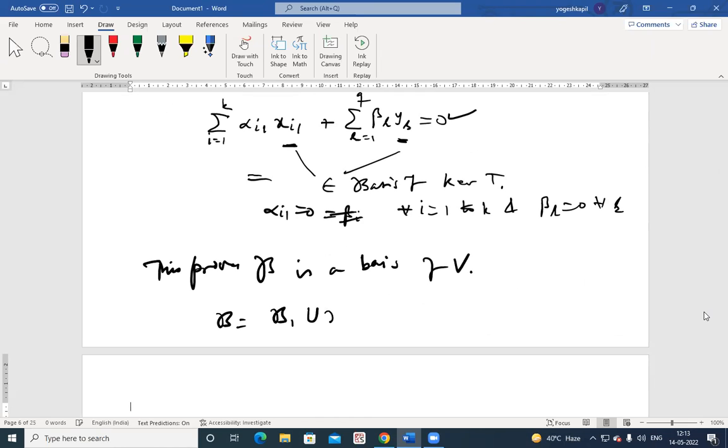B1 union B2 union up to Bk union Bk plus 1 up to Bk plus q. Right?